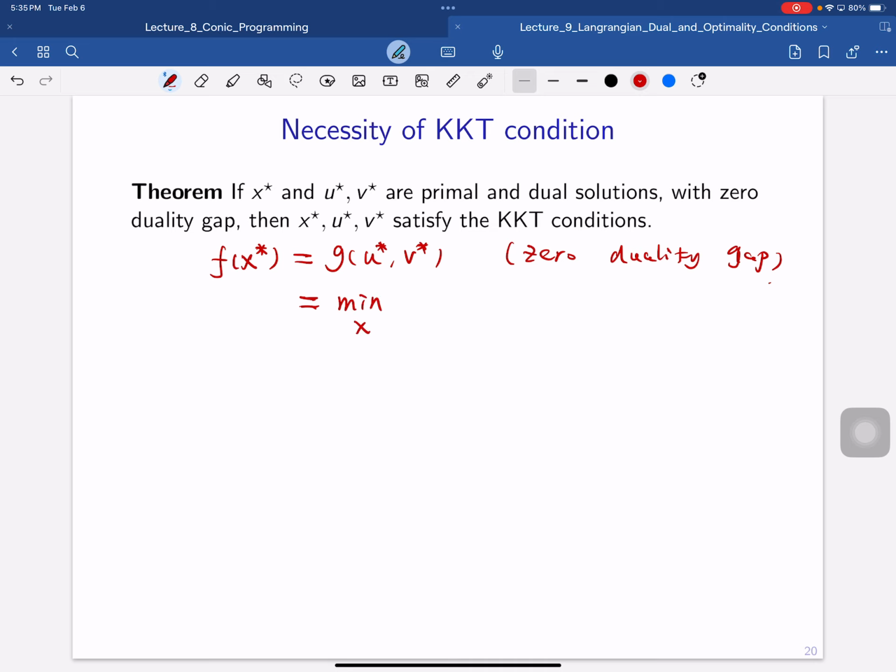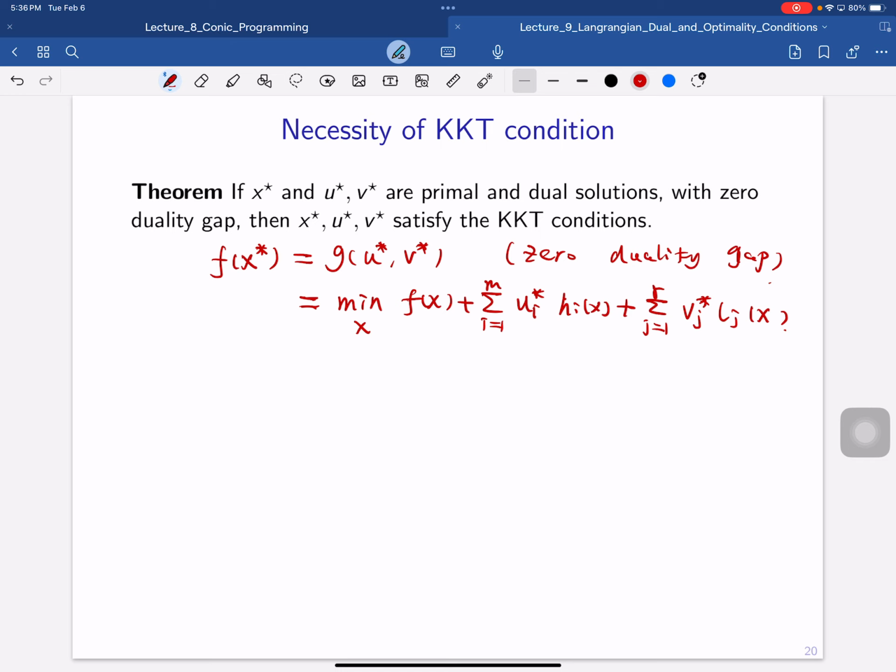So we are minimizing over x, f(x) plus the sum from i equals 1 to m of u_i star, and so on. So this equation is nothing but the definition of the dual function, right?